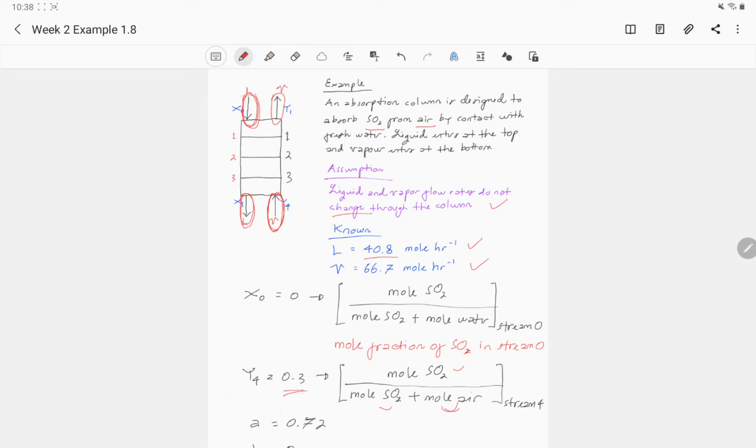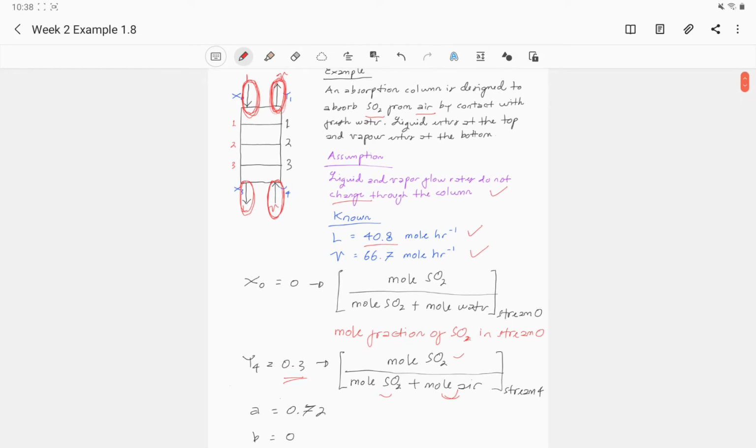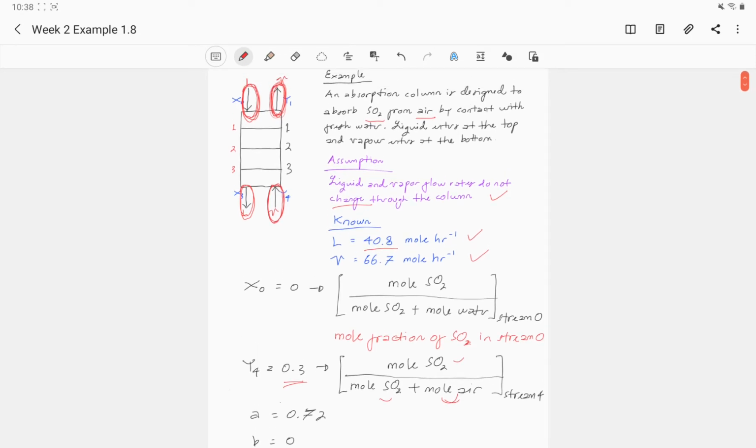And then you are putting pure water to scrub the sulfur dioxide out of this vapor, so that the vapor on the top that comes out of that scrubber will have much less sulfur dioxide, complying with the industrial environment regulations.